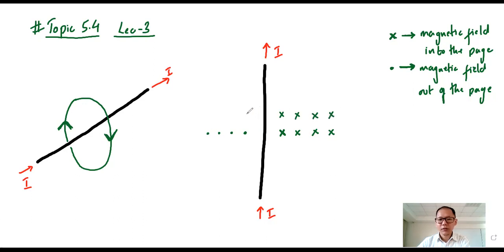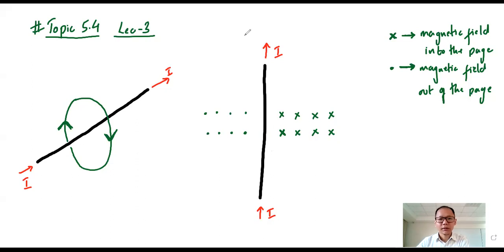So this is a very convenient way to represent a three-dimensional field in a two-dimensional representation. As soon as you see this figure, you can obviously say that the field towards the right is going into the page, and the field left of the wire is coming out of the page. So it's pretty convenient for us to draw the diagram.